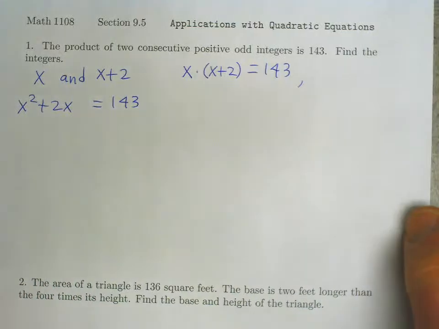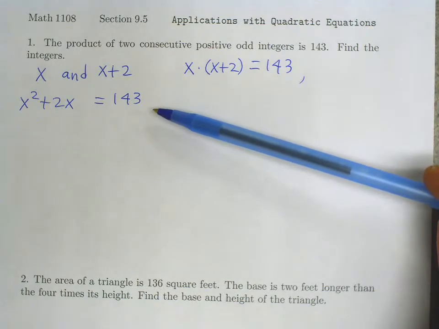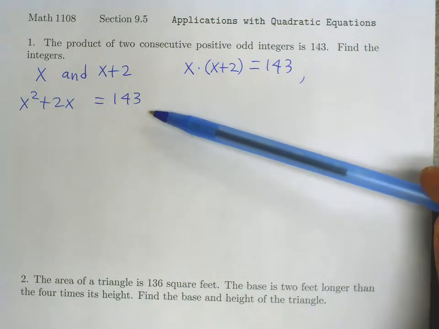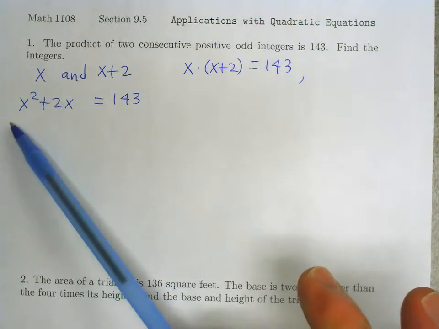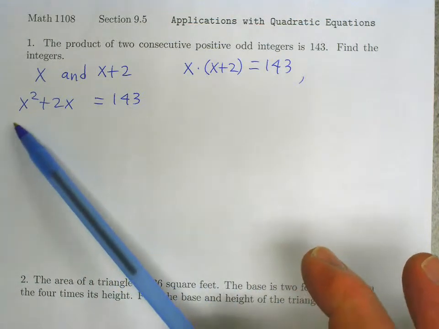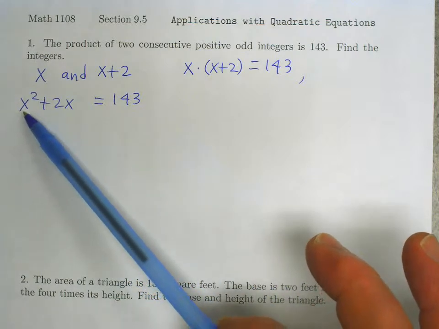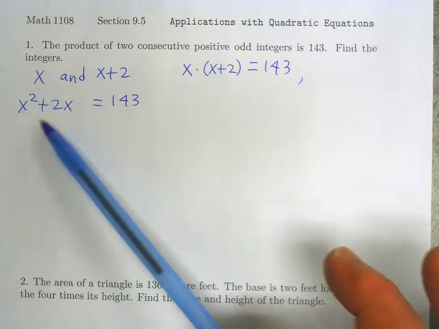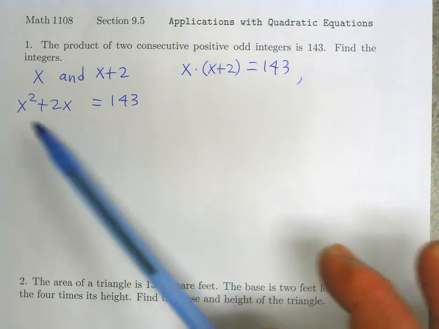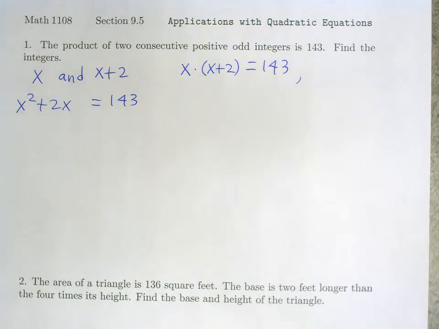Okay, so at this stage, we start to decide what method to use to solve this quadratic equation. It looks like it's set up pretty nicely to use the completing the square method because the coefficient of x squared is already positive 1. The x squared term and the x term are also on one side and the number is on the other.